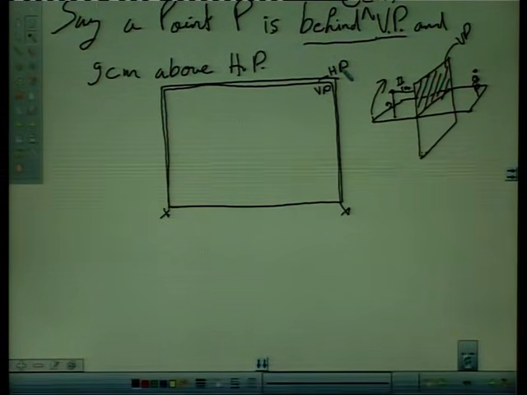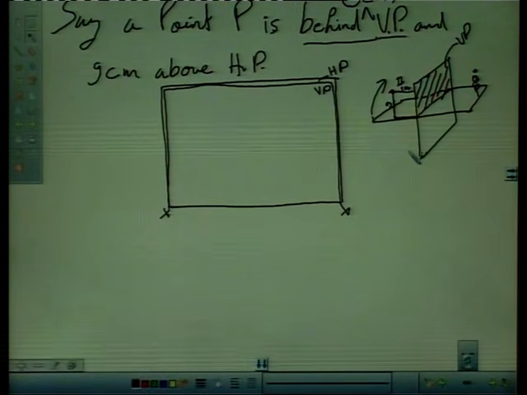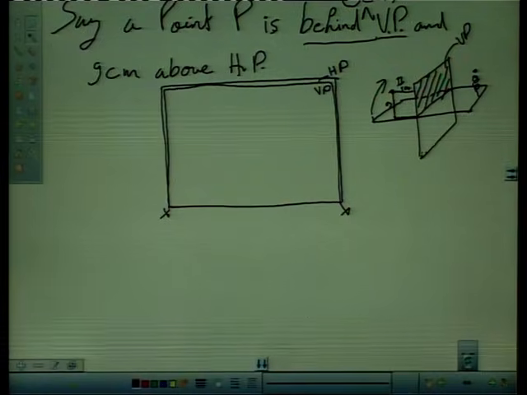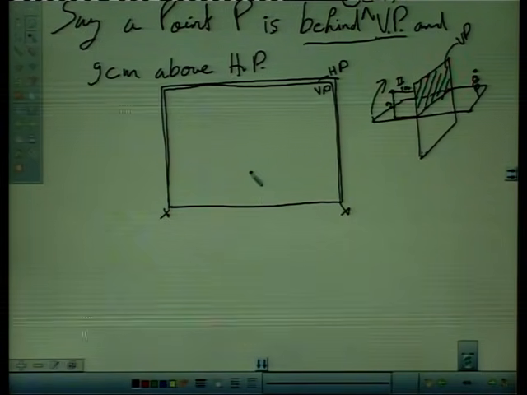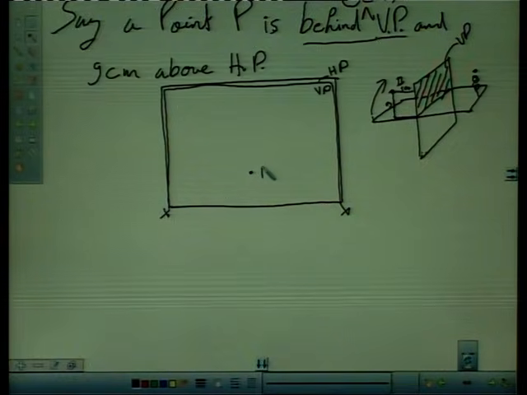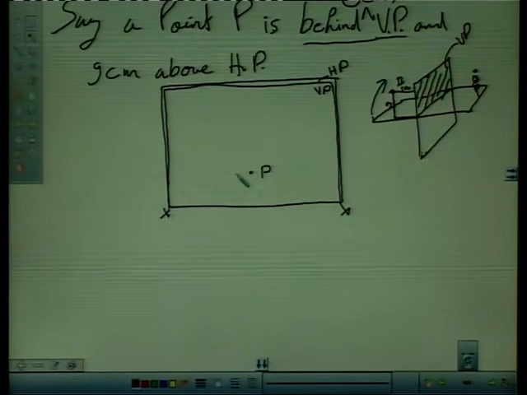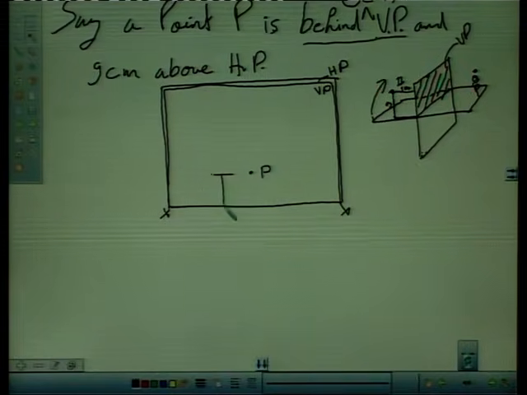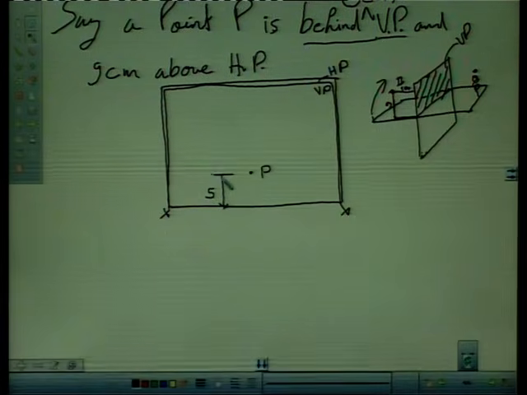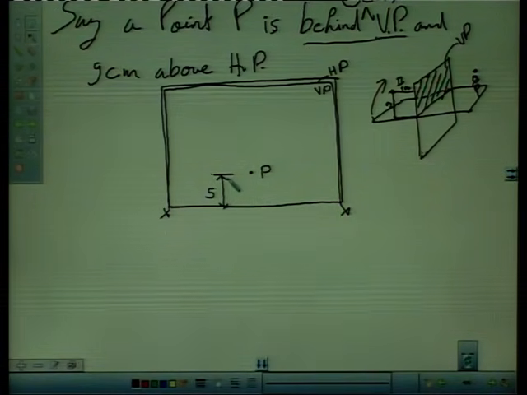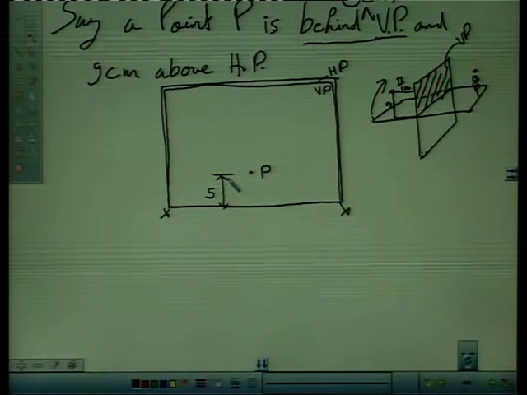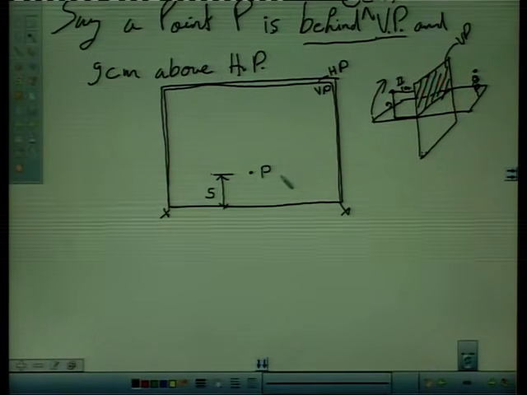So this distance here is 5. When this plane moves upward, we will get a point P here. And this distance is 5, and this is P, the plan.